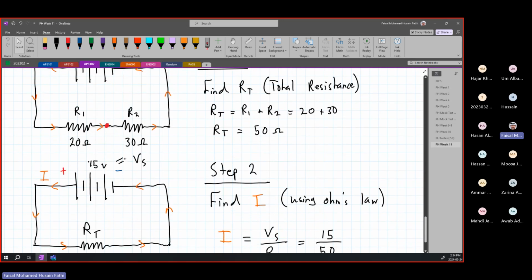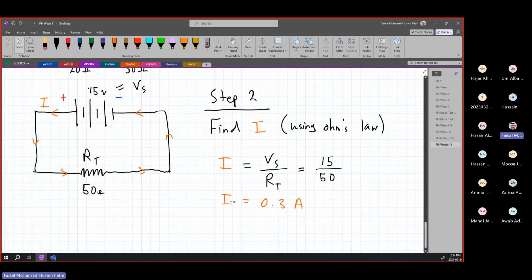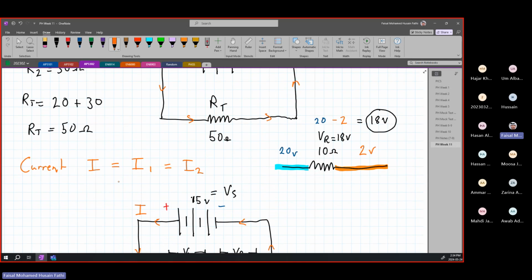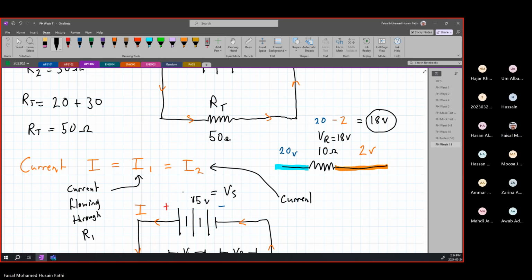So if the question asks find the current of the circuit, the current going through any resistor or anything, we can find it. Why? Because we know that I is equal to I1, which is equal to I2, meaning this I1 is the current flowing through R1, the current that is flowing through the first resistor, and this I2 is the current flowing through R2.